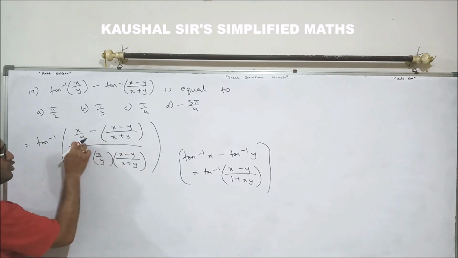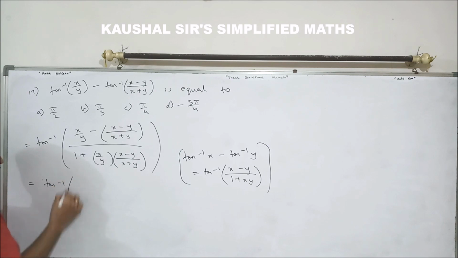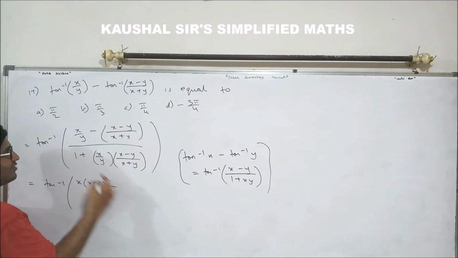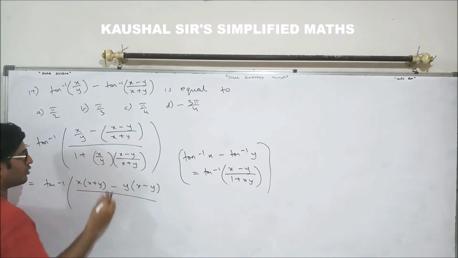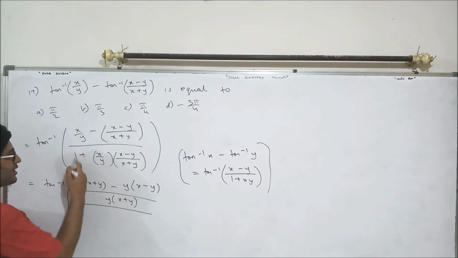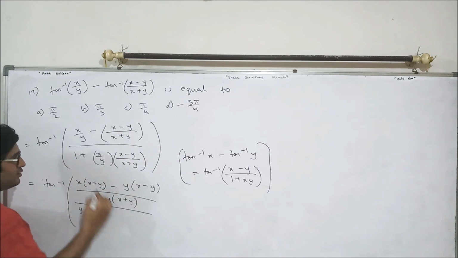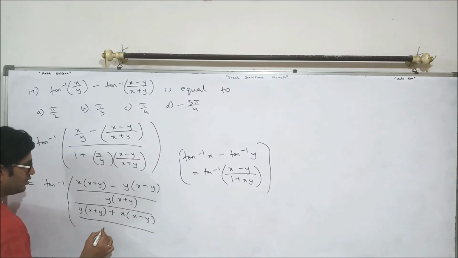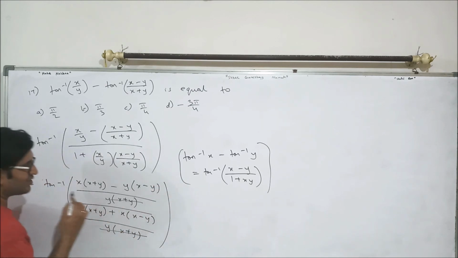This term will multiply here, this term will multiply here, then they sit together. So we get tan inverse of x into x plus y, this goes here, minus sign as it is, this goes here so y into x minus y, upon we are going to get y into x plus y, the whole upon, this term comes here, y into x plus y plus x into x minus y upon y into x plus y. Now what do we observe is this term gets cancelled out.